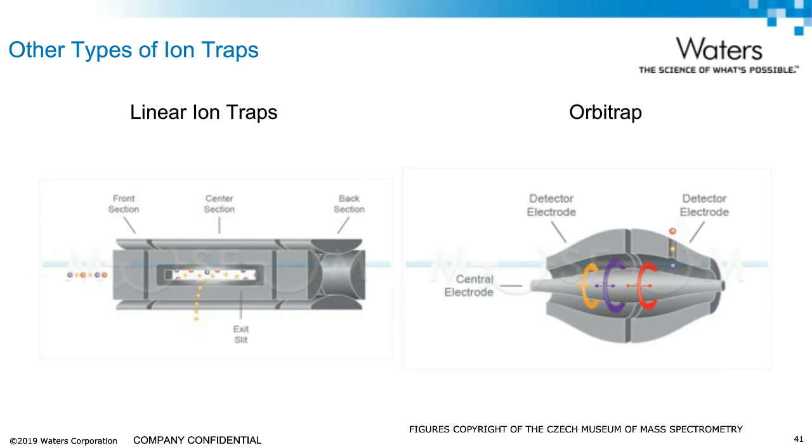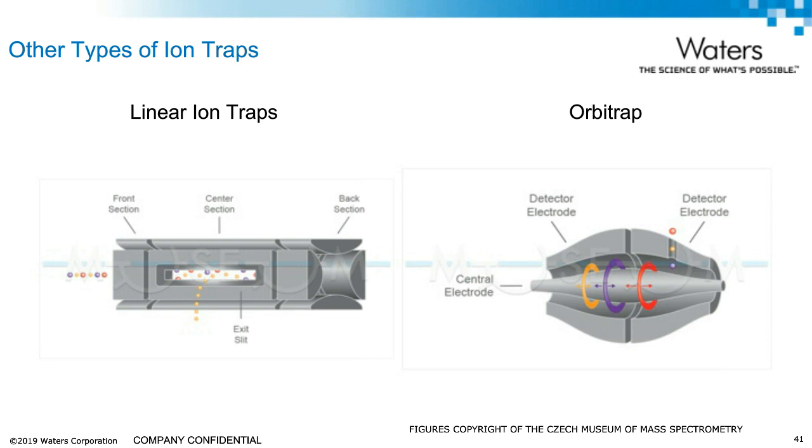Nobel laureate Paul also developed the linear ion trap, which functions in a similar fashion to the quadrupole ion trap. Instead of using circular donut-shaped electrodes, the linear ion trap electrodes are similar to those of a quadrupole described earlier.